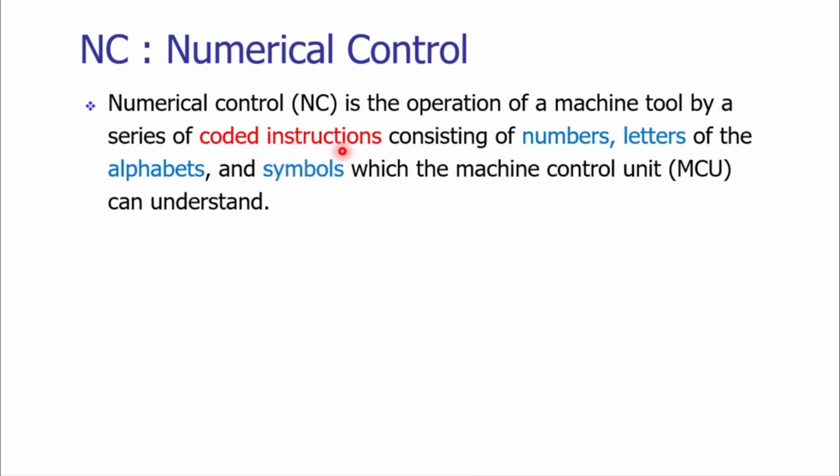What do the instructions contain? The instructions contain numbers, letters, alphabets and symbols. These are arranged in a typical format, and that format is given to the control unit of that equipment, which is called the machine control unit, the MCU.